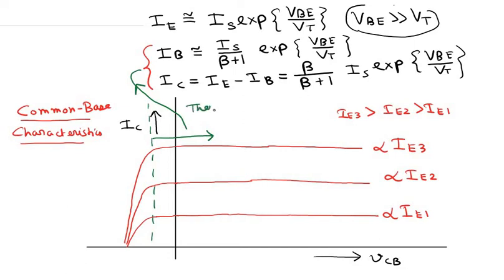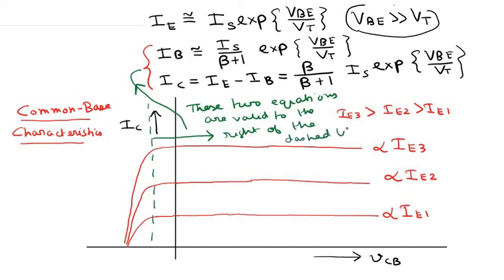These two equations are valid to the right of the dashed line. Basically, these two equations are valid in this regime to the right of this dashed line.